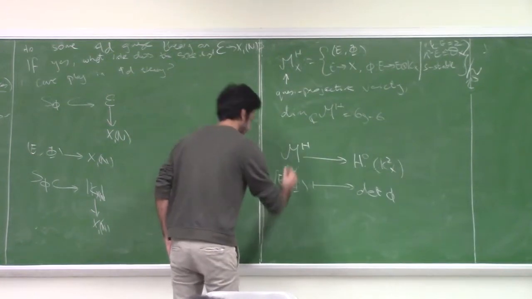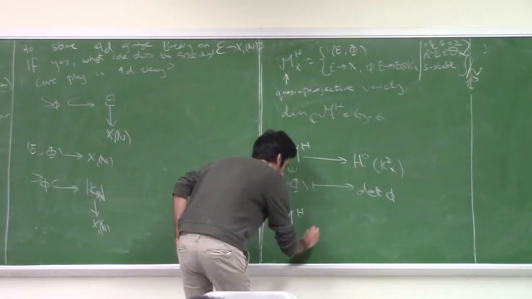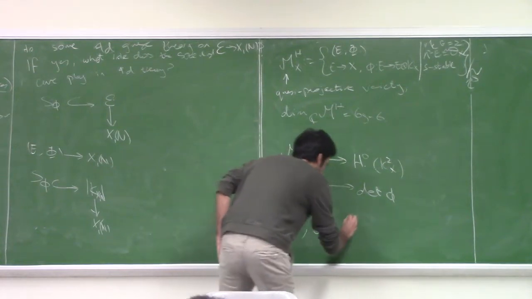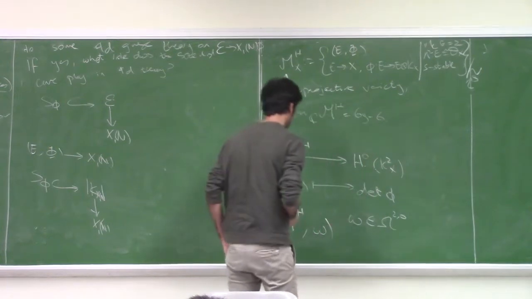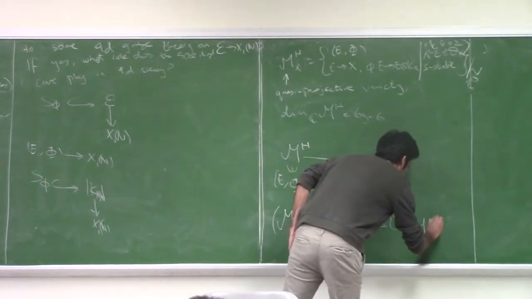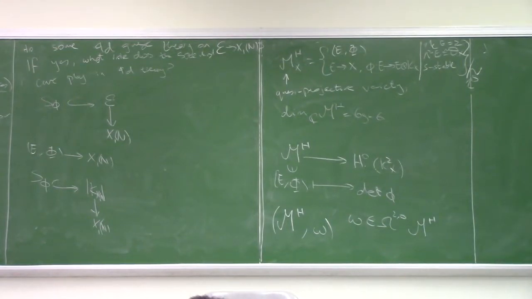I will not get into this, but MH is a holomorphic symplectic manifold. So omega is not just a 2-form, but a holomorphic 2-form on MH, closed and non-degenerate, making it into a symplectic manifold.